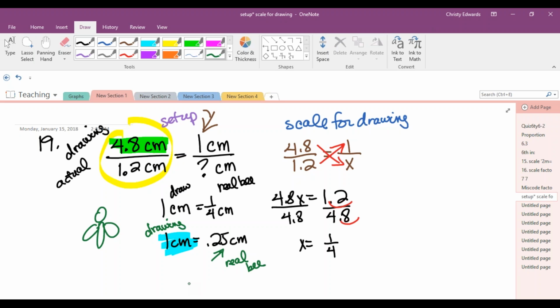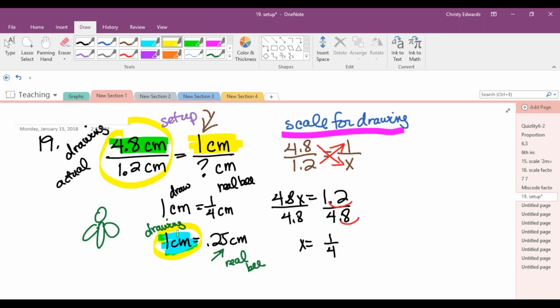That's why they would answer it this way instead of 4-to-1. They would say 1 to 1/4, which is the same relationship. 4 over 1, or 4-to-1, is the same as 1 over 0.25. It's the same relationship.